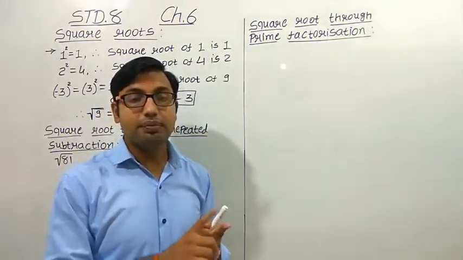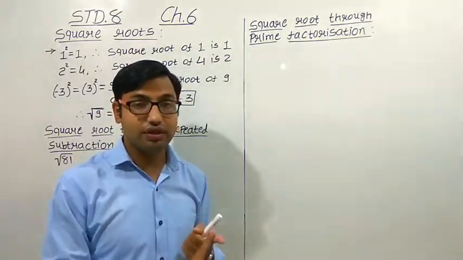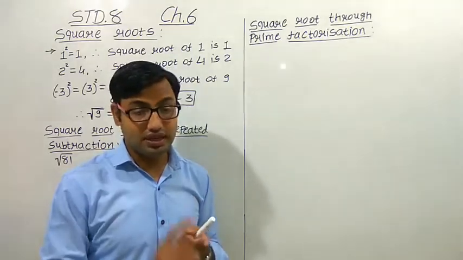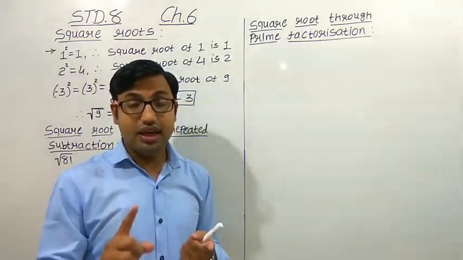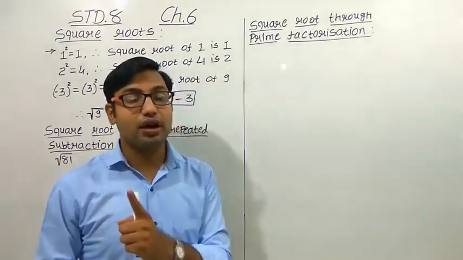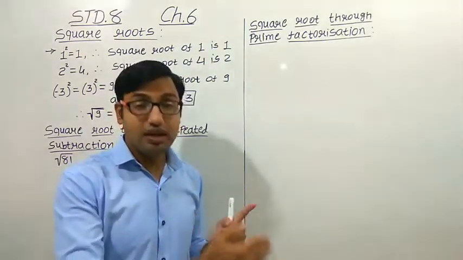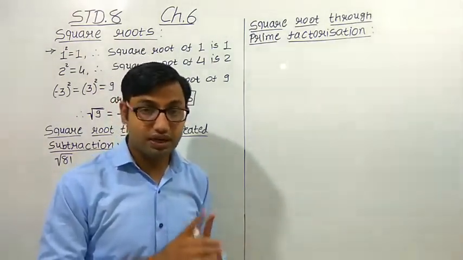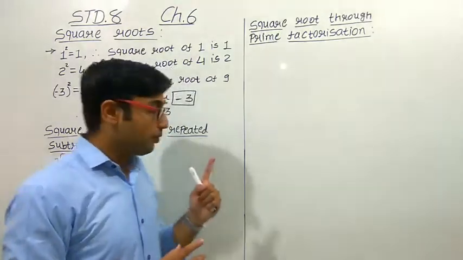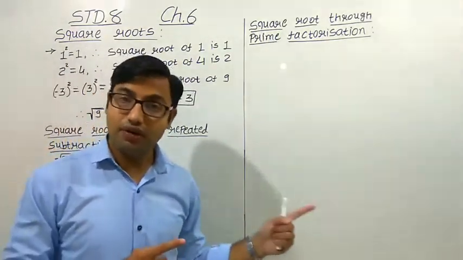Like 1 plus 3 plus 5, the first 3 odd numbers, and the total we get is 9, and 9 is 3 square. Why 3 square? Because we add the first 3 odd numbers, right? That pattern we have to repeat here, but in a different manner.